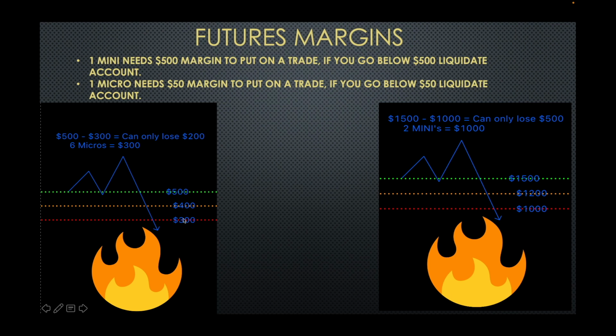But once it goes below $300, regardless of how much money you started with, so you have $500 in your account, you need $300 worth of margin to keep those 6 contracts. So when your account goes below that $300, it liquidates and closes your account.